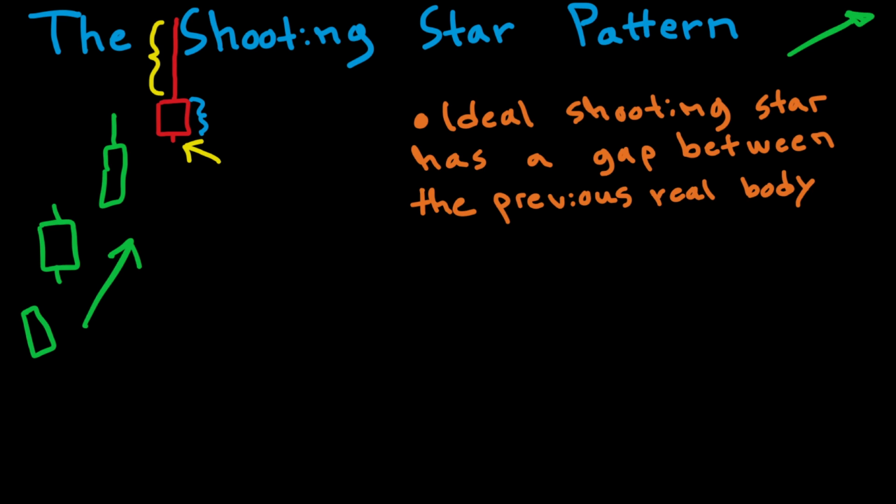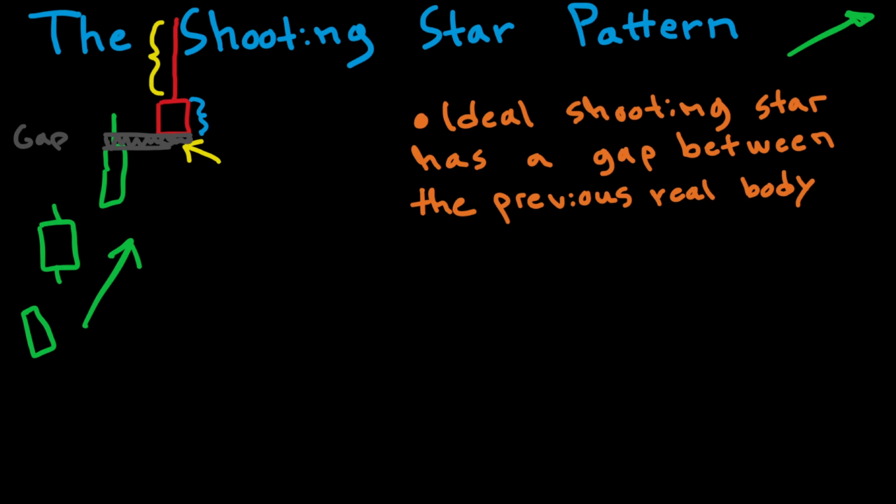A gap is basically some space in between this point and this point, so the lowest point of the red real body and the highest point of the previous candle's real body. This is something called a gap. And the perfect shooting star pattern has a gap in between these candles here, but that is not a requirement.